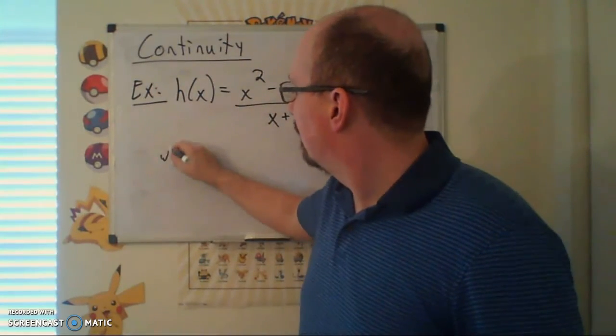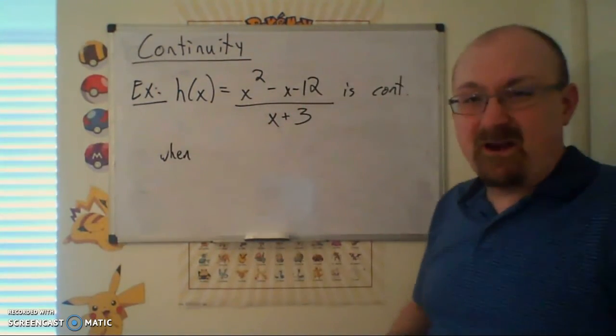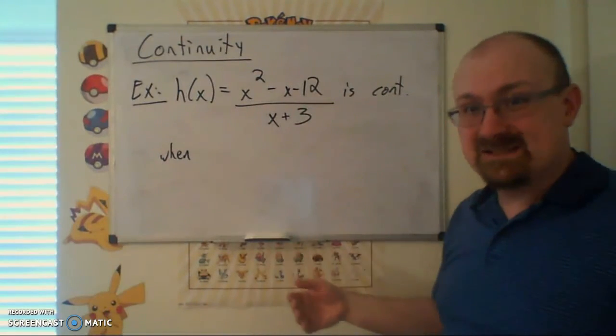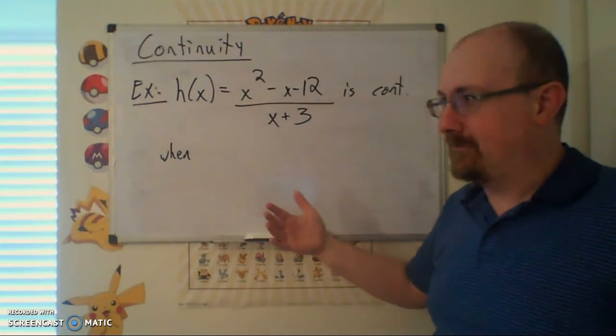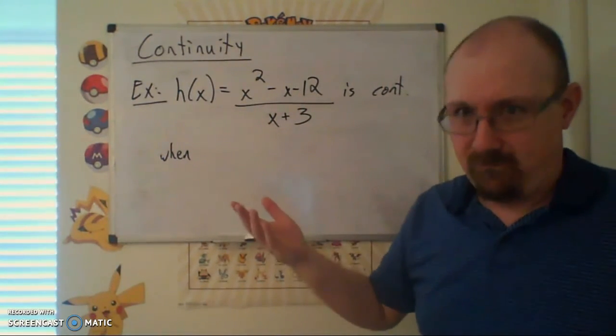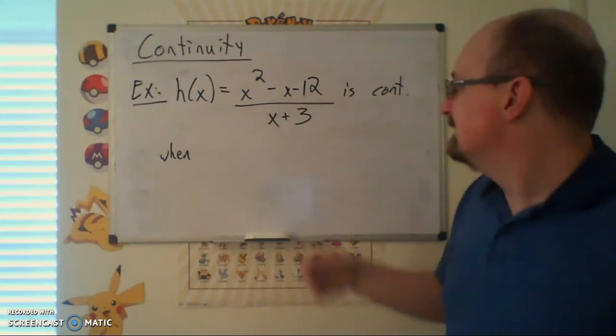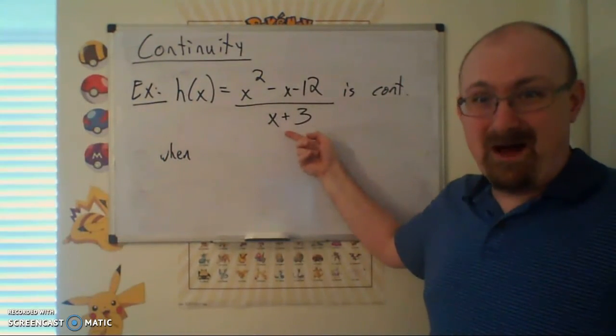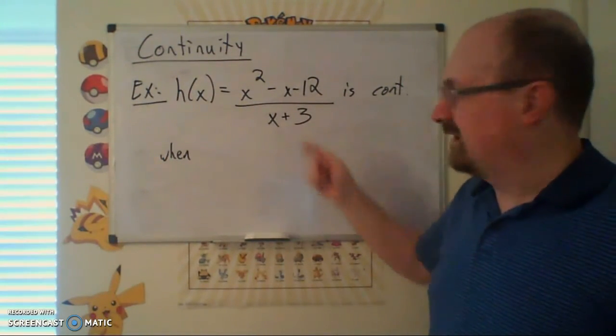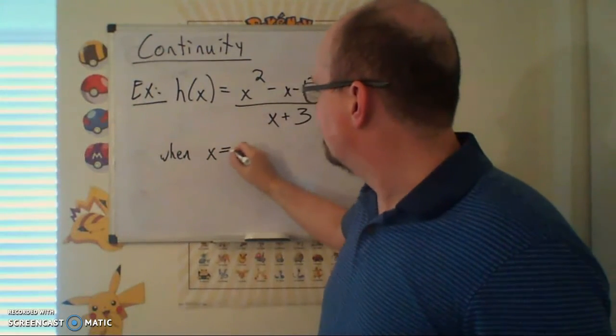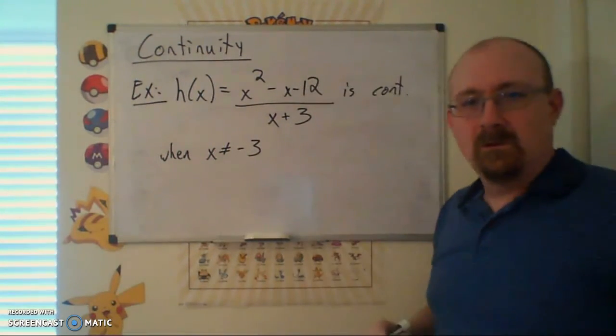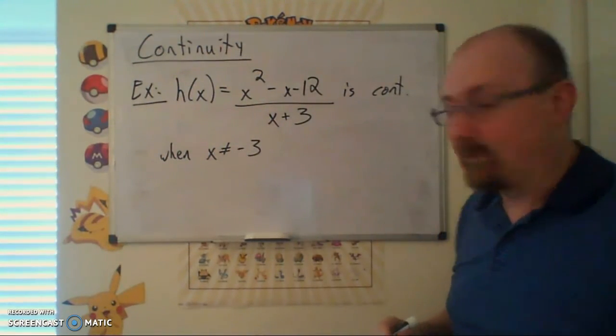So if you're trying to figure out what's going on here, again, tracking down domains, we can't have negative stuff under radicals. The other big no-no, hopefully you'll recall, is dividing by 0. So we can't let the thing in the bottom of this fraction end up being 0. That means we need to avoid an x-coordinate of negative 3.